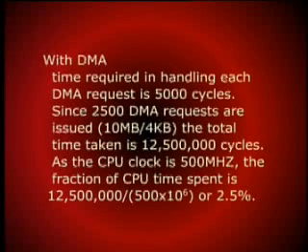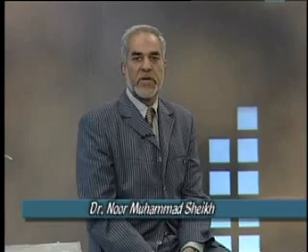The corresponding time spent would be 2.5% of the CPU time. This example illustrates that using DMA is a better option and the CPU time would be 2.5% instead of 10%. In both cases, we have assumed the 100% activity of the IO device, which may not actually be the case.